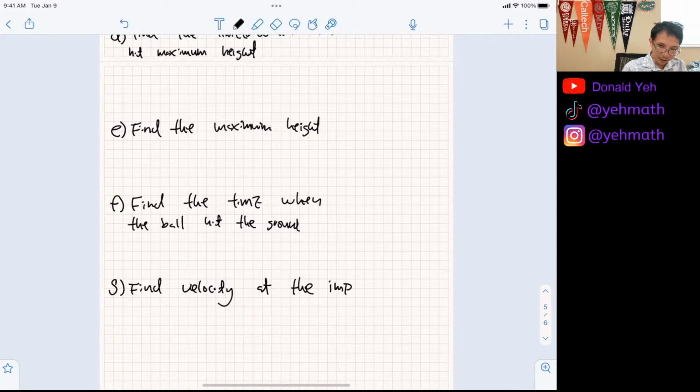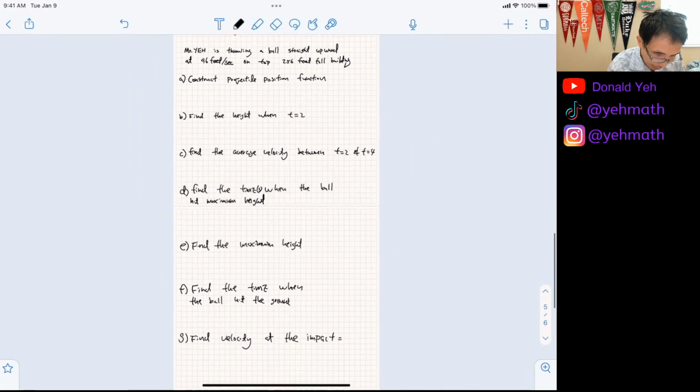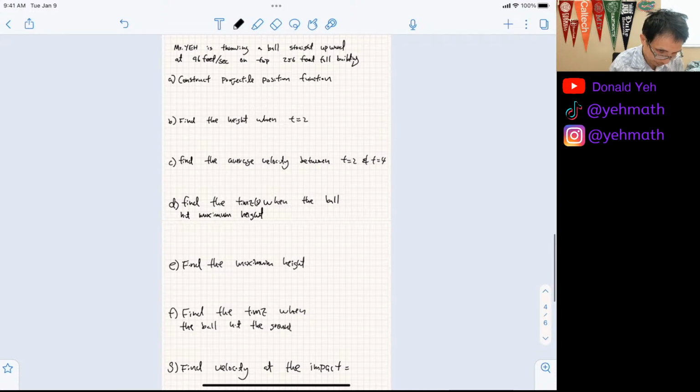What I mean by impact is when the ball hits the ground, how fast is it? So multiple parts, it's pretty easy. I want you to try it first.